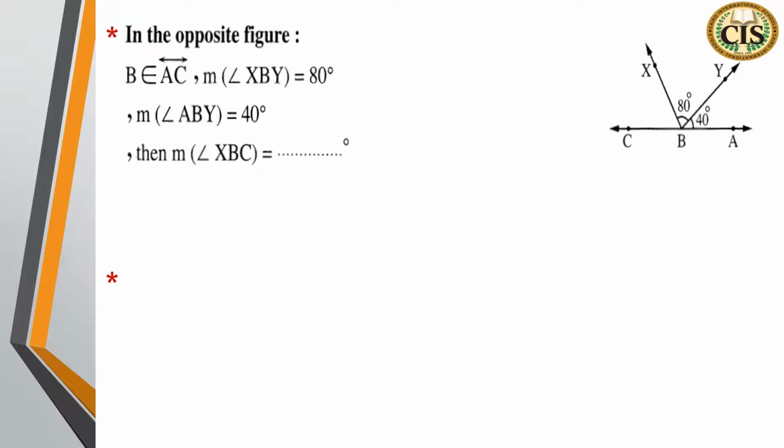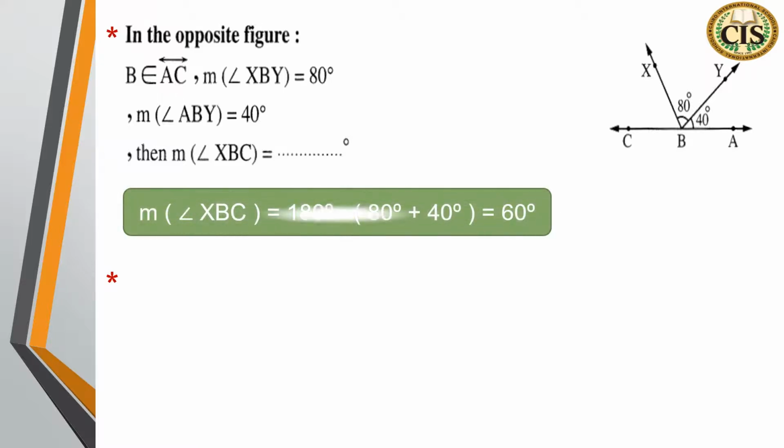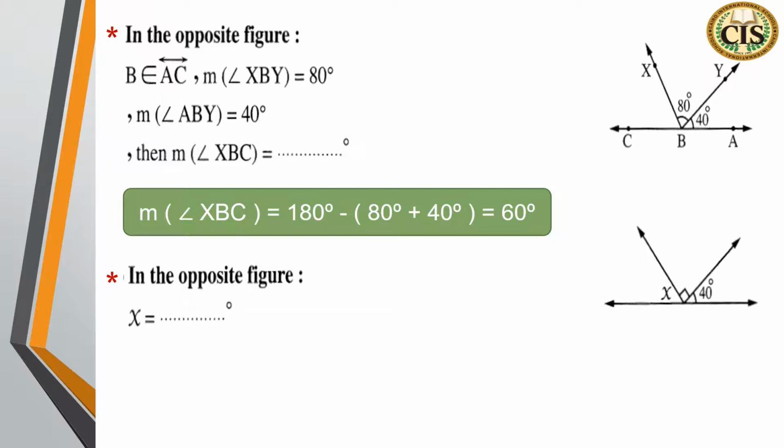In this figure, AC is a straight line, so measure angle ABY plus measure angle YBX plus measure angle XBC equals 180. So measure angle XBC equals 180 minus (80 degrees plus 40 degrees), which equals 60 degrees.